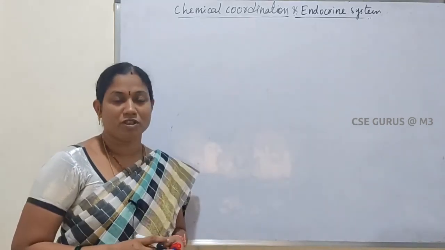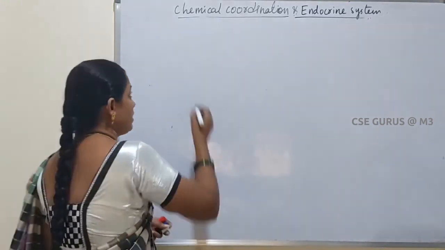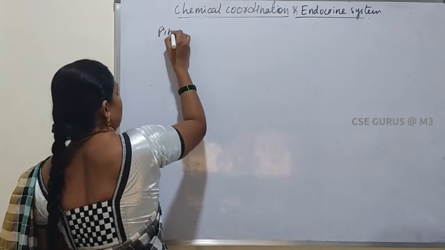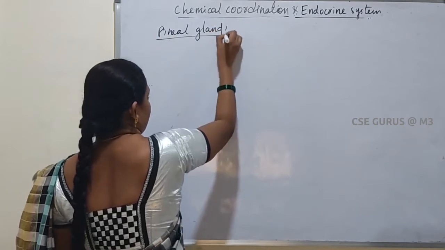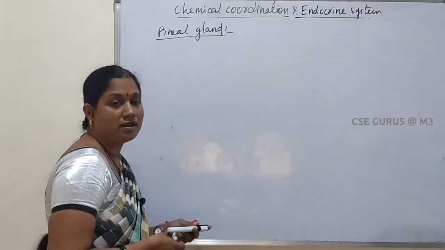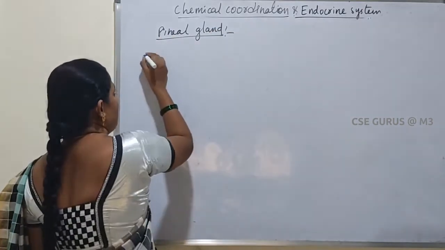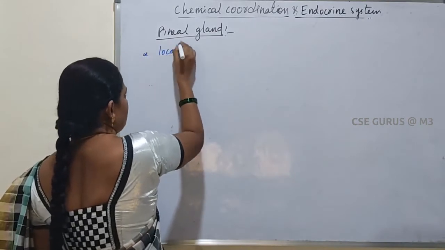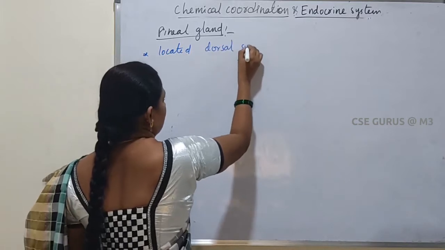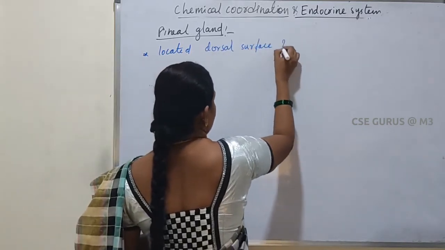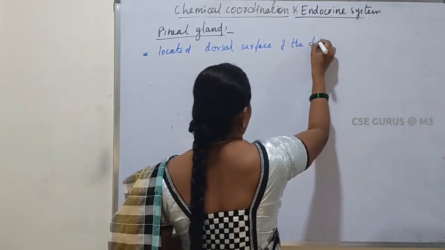Next, coming to the next gland, the pineal gland. Next endocrine gland is pineal gland. This pineal gland is located on the dorsal surface of the diencephalon.